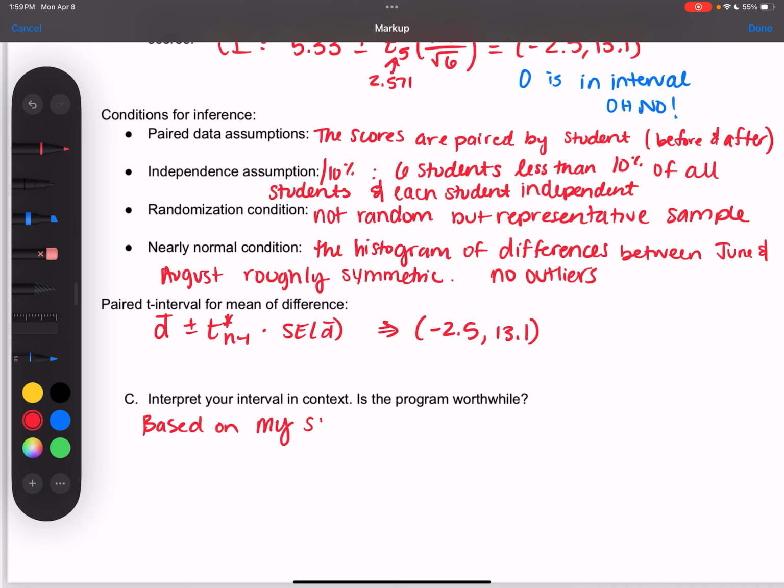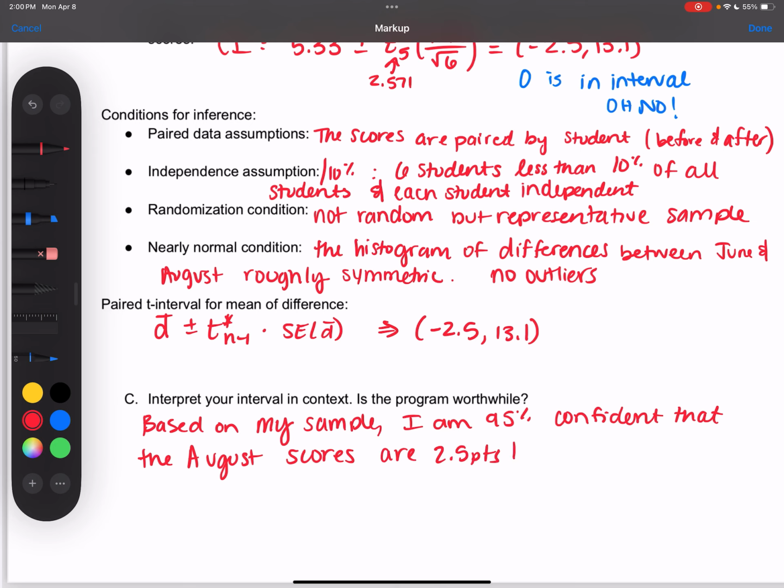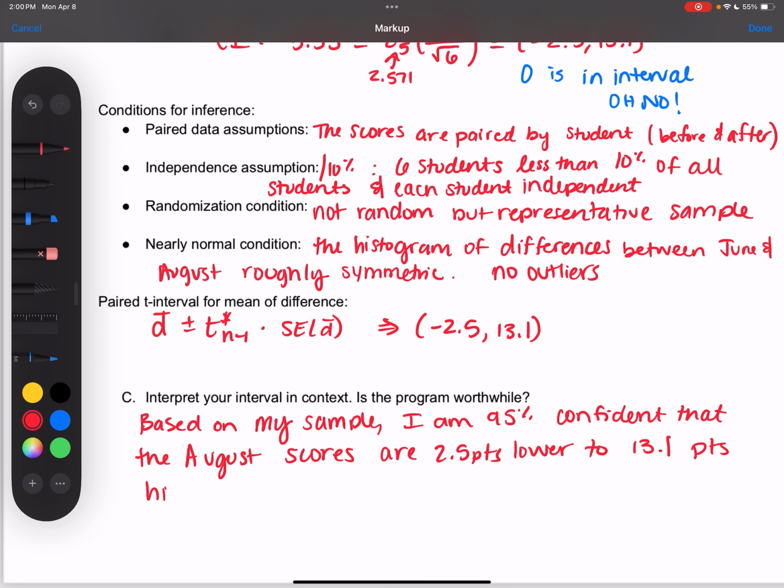So based on my sample, I am 95% confident that the August scores are 2.5 points lower to 13.1 points higher than the June scores. So the program is not worthwhile.